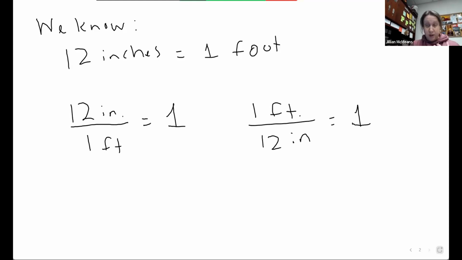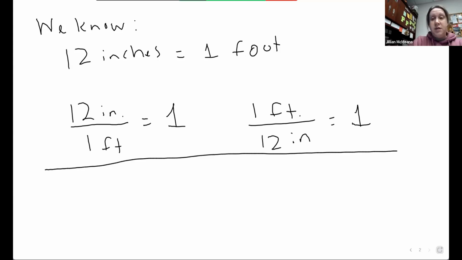So a unit ends up meaning just 1. So we have two different unit fractions here. They both equal 1. The numerator and denominator are made of different units of measure. And flipping the order, like in the first one, I have inches in the top, feet in the bottom. In the second one, I have feet in the top, inches in the bottom. That is going to matter when we start doing our conversions, and I'll explain that when the time comes.